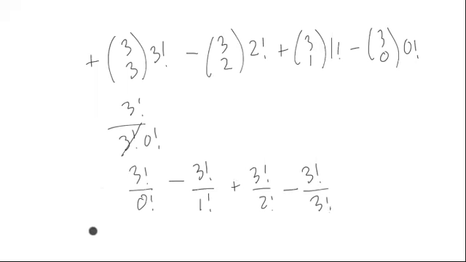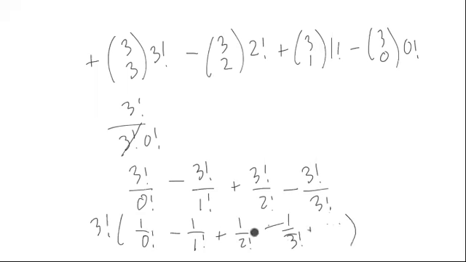If we factor out 3 factorial, we're left with 1 over 0 factorial minus 1 over 1 factorial plus 1 over 2 factorial minus 1 over 3 factorial, which looks suspiciously like the first part of a power series or Taylor series, e to the negative 1. So this looks like 3 factorial times, or approximately, because it's truncated, we haven't added everything, approximately 3 factorial times e to the negative 1.